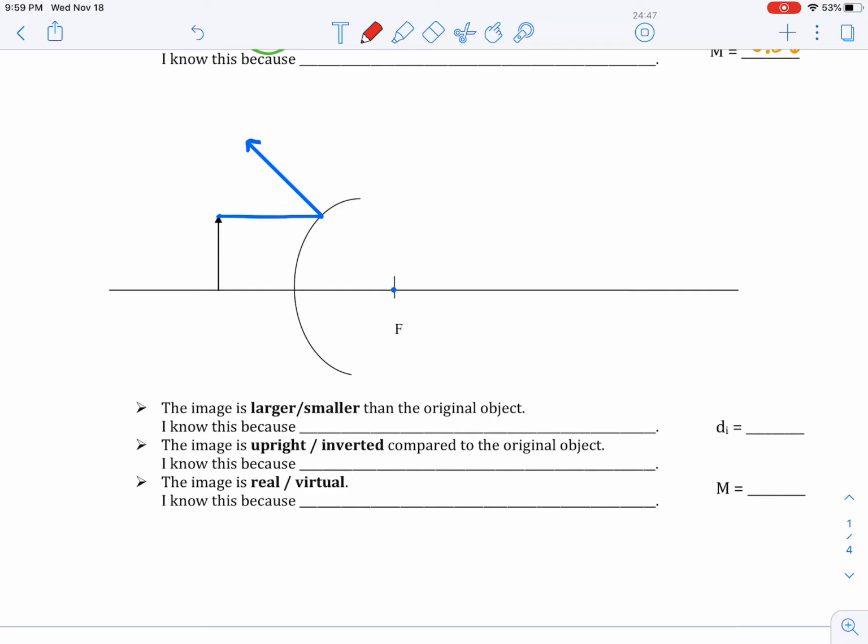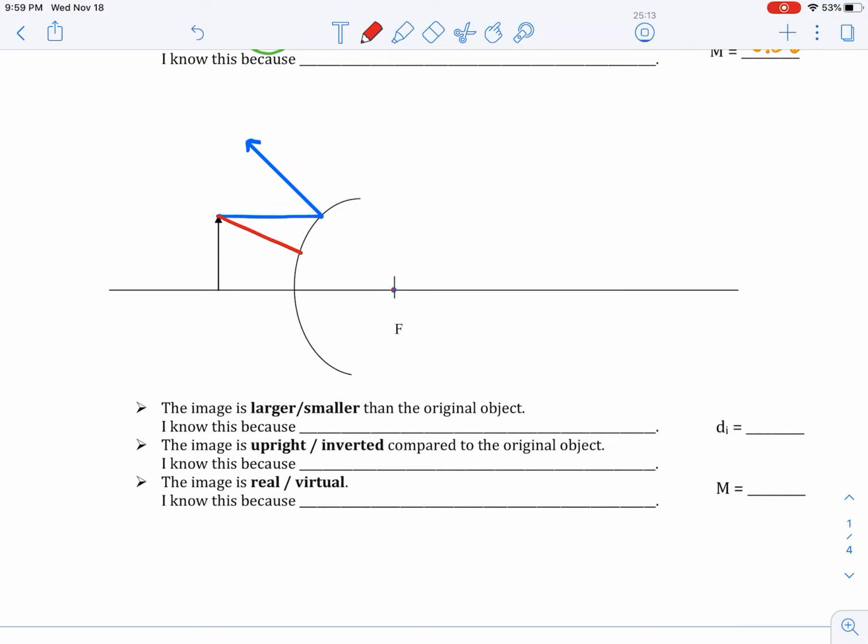The second beam is going to go through the focus to the mirror. Again, put your ruler so that it goes through that focal point, but you're only going to draw the actual path that the light will follow with those solid lines.